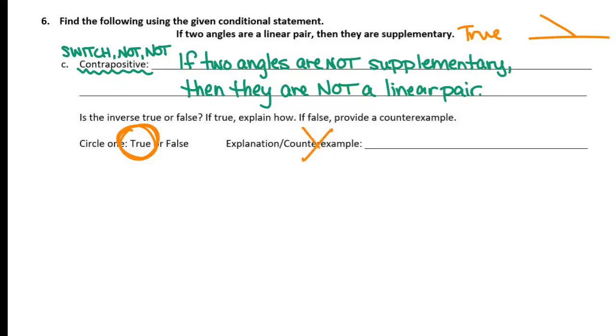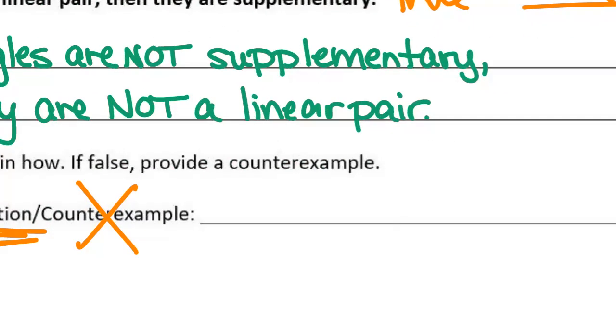Let's talk about why. So no counterexample, but we do have to give an explanation. If it's true, we explain. If it's false, we draw a picture of why. If two angles are not supplementary, that means they don't add to what? They don't add to 180. A linear pair makes a straight line. And a straight line is 180 degrees. So for my explanation, I can say a line is 180 degrees.